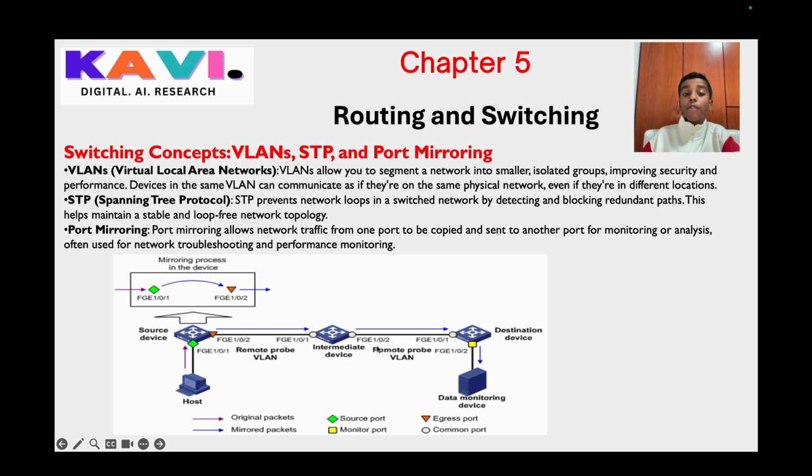The common port of the intermediate device will send it through another VLAN to the destination device, which has another common port. And here the destination device will use its monitor port to take the same original packets, copy them and give them to the data monitoring device.